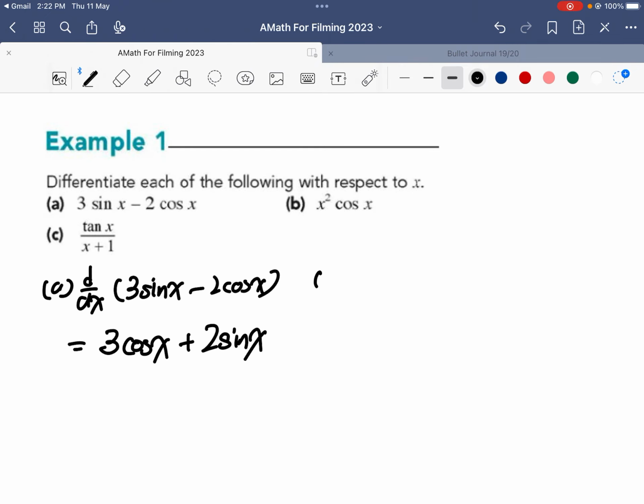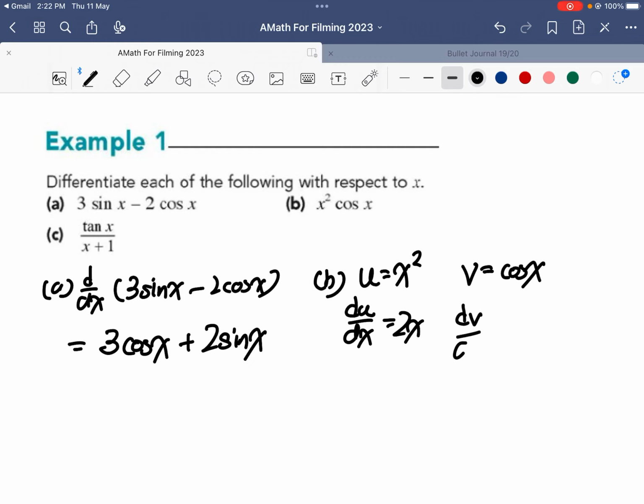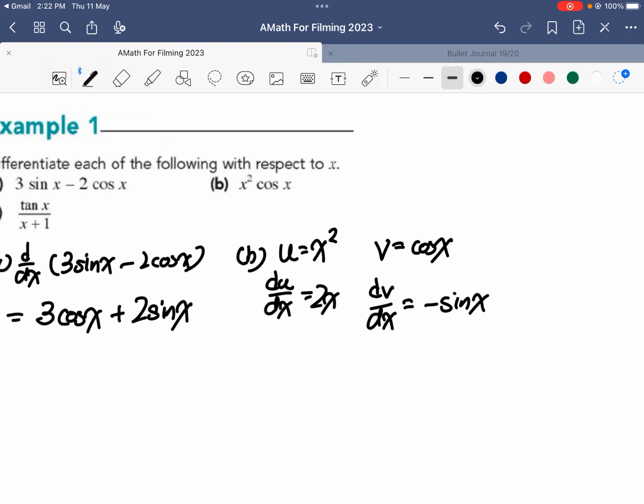Part B, be careful. What we have here is this. Notice that this is one function multiplied by another function, so what we have learned in the past with the product rule will apply here as well. If u is equal to x squared, differentiating u with respect to x gives you 2x. If v is equal to cosine of x, similarly, differentiating v with respect to x gives you negative sine of x.